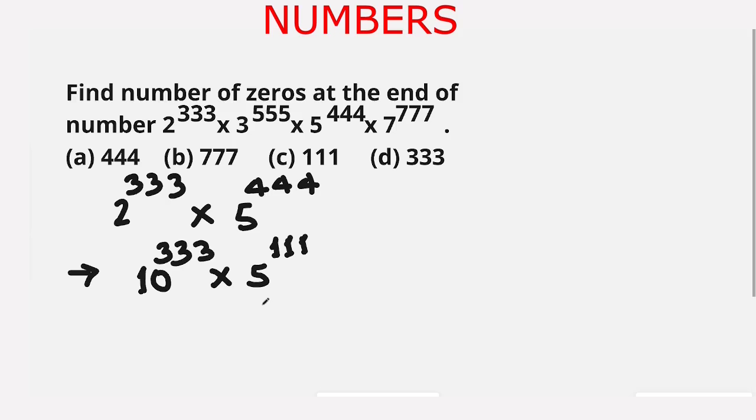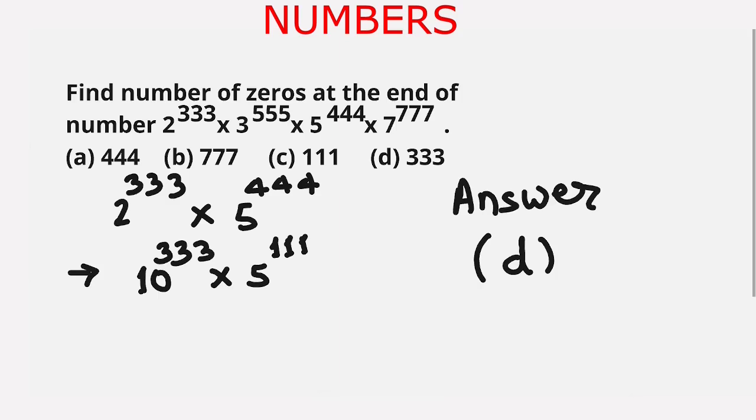But 5 to the power 111 is not going to give us any more zeros. Only 10 to the power 333 gives zeros. So the number of zeros at the end of the given number will be 333, and from the given options our answer is option D, 333. I hope you have understood the method of solving such type of questions and the concept involved in this question.